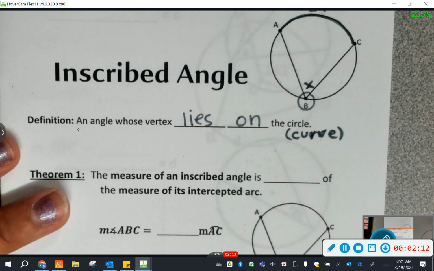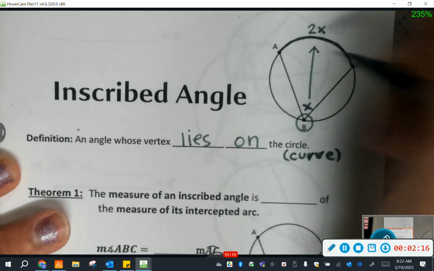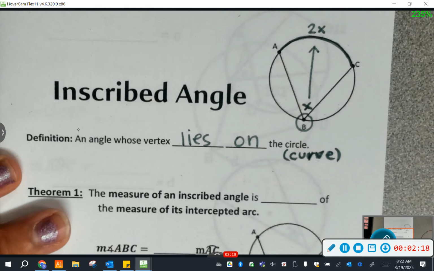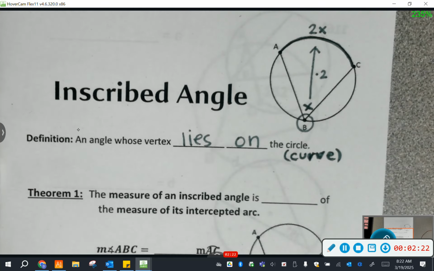If I know the angle and I want to find the arc, all you have to do is multiply by 2.